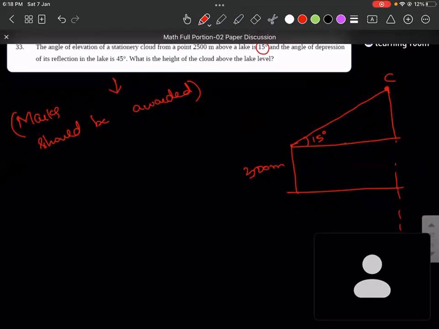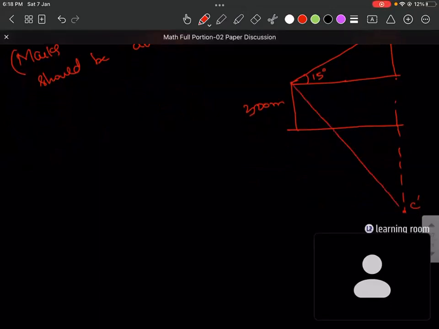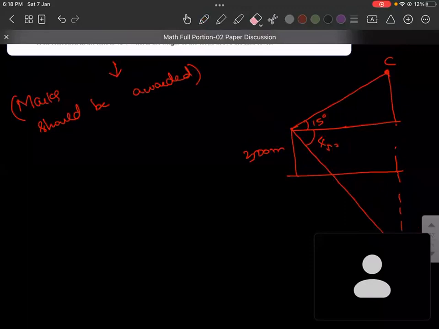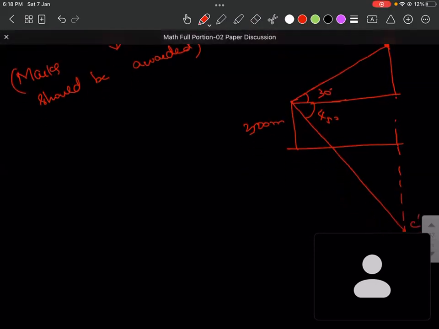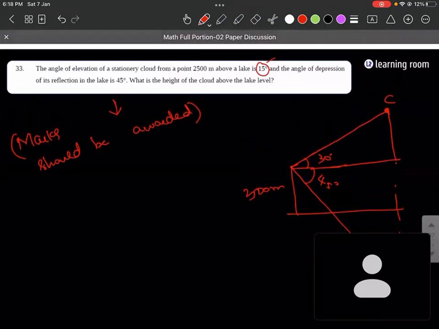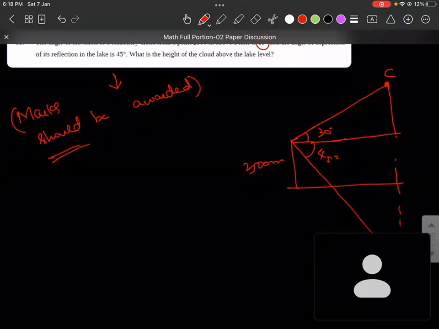So the angle of depression to its reflection is found to be 45 degrees. This is 45. Is that clear? Suppose the question had been 30 degrees, you would have been able to solve this. So for this question, you should get the marks. Keeping the marks aside, are you clear with the diagram? If this question comes in exam with a different value, will you be able to handle it?